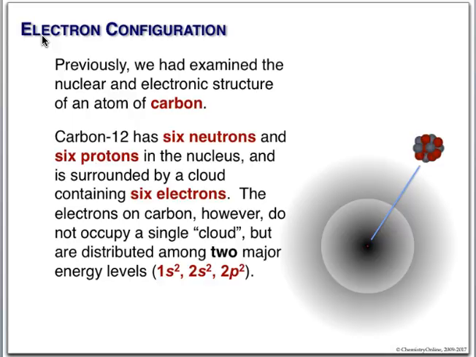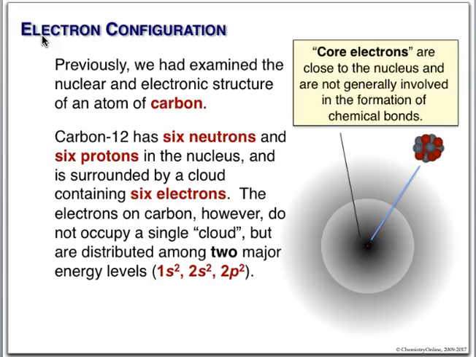In order for carbon to be neutral, it also has 6 electrons. 6 pluses, 6 minuses. When we showed this picture, we showed it this way as 2 rings of electrons. The core electrons, these are the guys that are closest to the nucleus. They are something we really don't care much about.